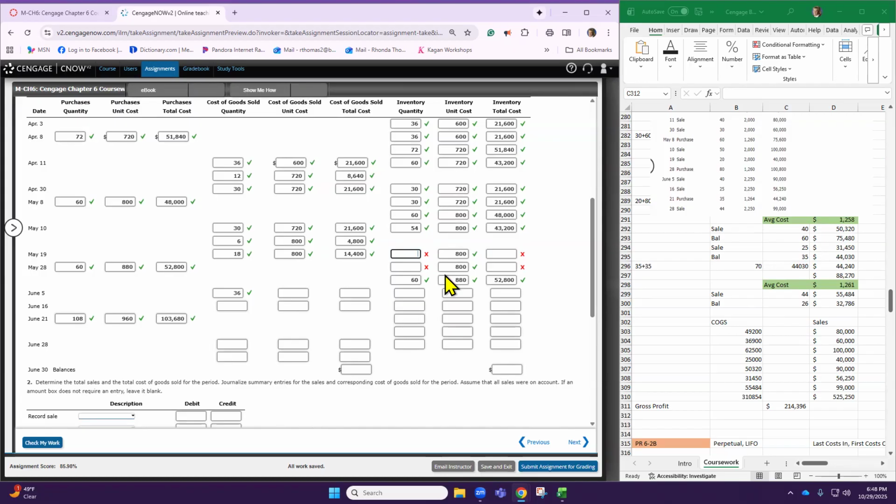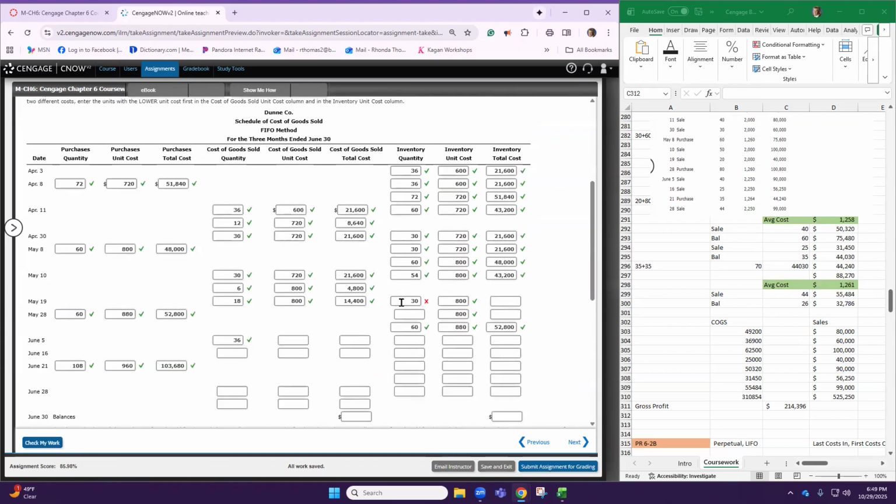Okay, so 54 minus 6 minus 18 is 30. Oops, sorry about that. Is that correct? No. All right, so hang on just a second. What am I thinking? All right, so we've got 54. Oh, that was from the 60.